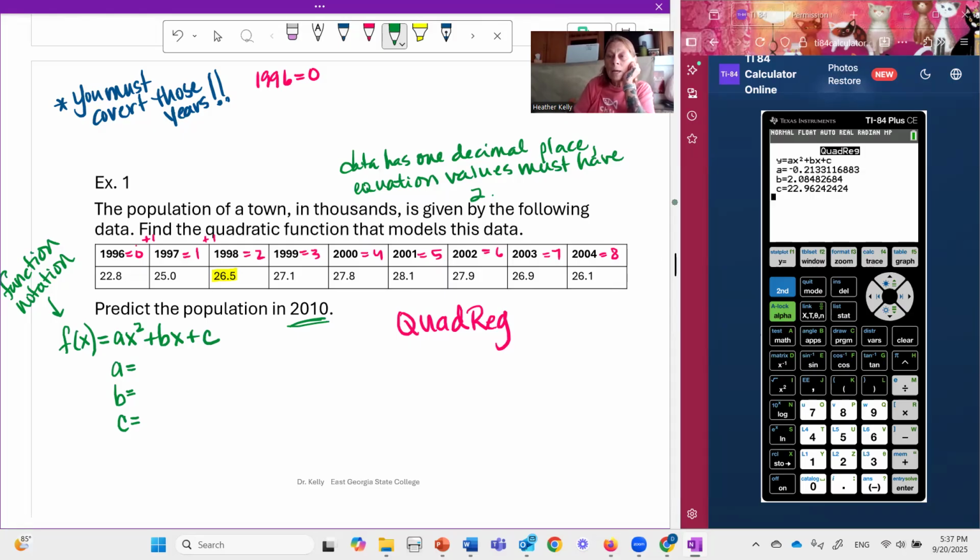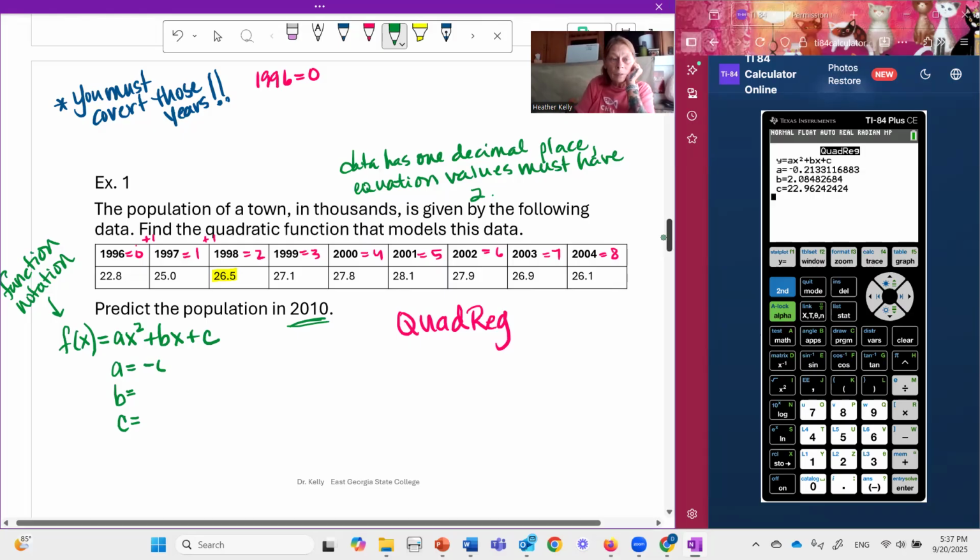Okay, so our A here is going to be negative 0.21 because I need to only go out two decimal places. Do not give me that whole number. Do not waste your time on that whole number. Just however many decimal places I'm going to require by the rules.